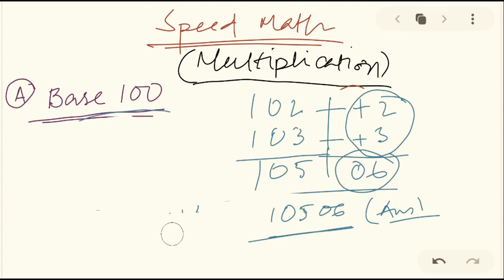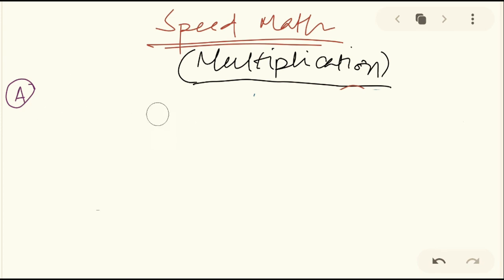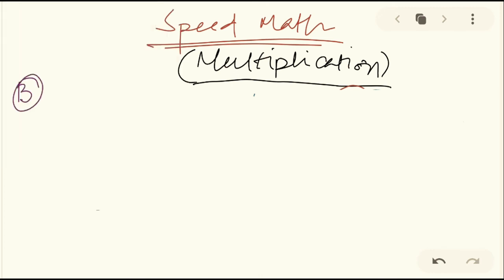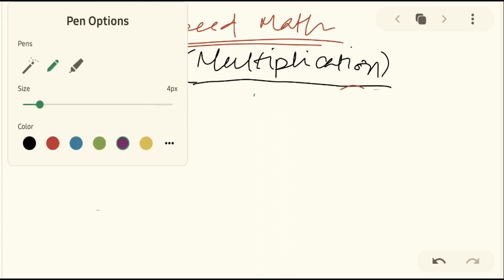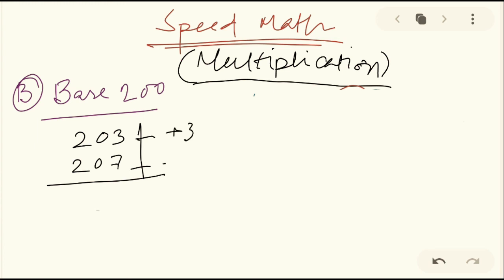So this is the multiplication rule for any two numbers nearest to 100, that is, the base value is 100. Now we are doing the multiplication with base value 200. The procedure will be the same. If we multiply 203 into 207, the difference from 200 to each number is plus 3 and plus 7, so it will be 21.